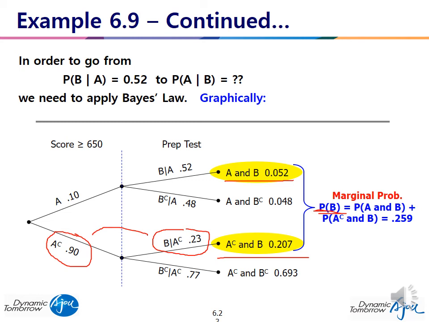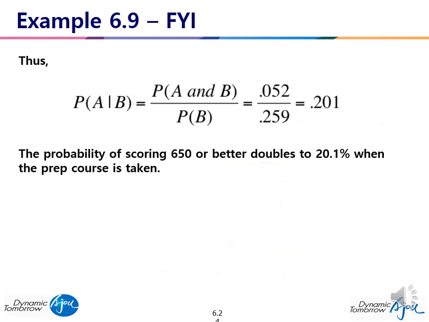Then you get probability A complement intersection B. Then add probability A intersection B plus probability A complement intersection B. Then you get probability B as 0.259. Then probability A given B is 0.052 divided by 0.259, which is equal to 0.201.